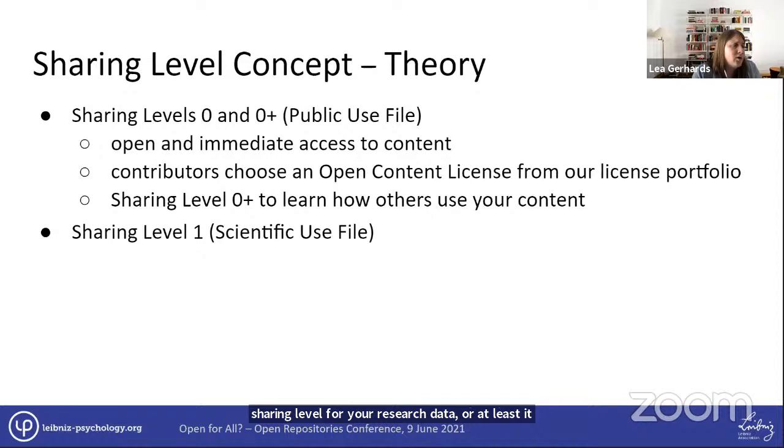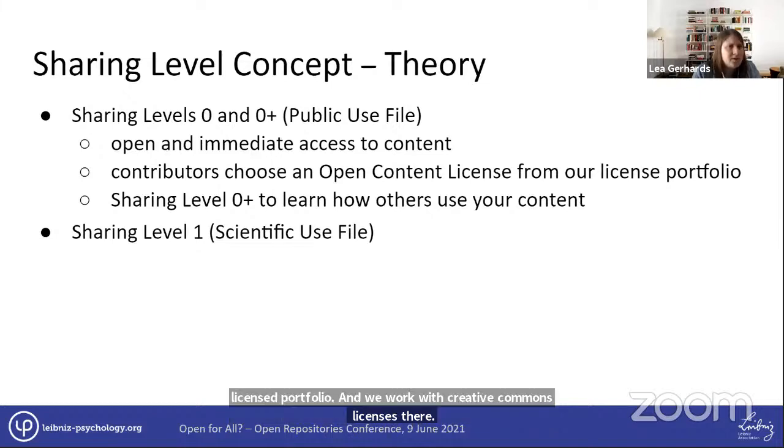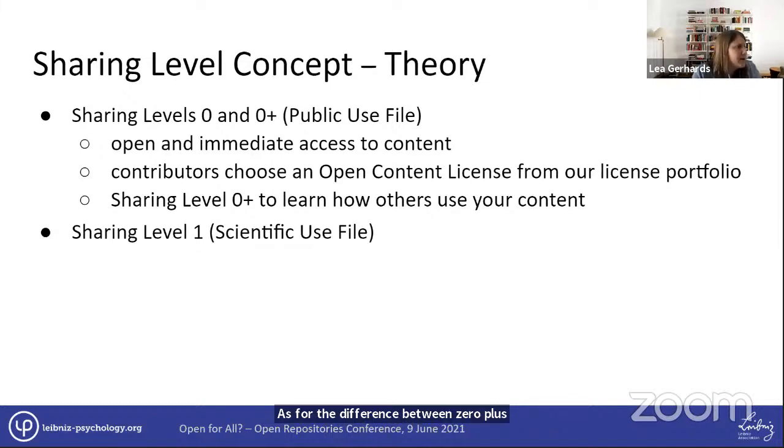Contributors choose an open content license from our license portfolio, and we work with Creative Commons licenses there. As for the difference between 0 and 0 plus, it's simply that if contributors wish to learn how others use their content, they may provide it through sharing level 0 plus.